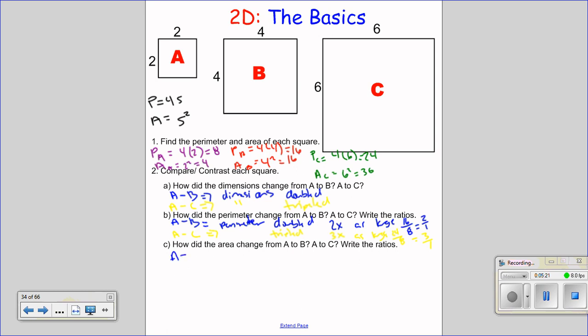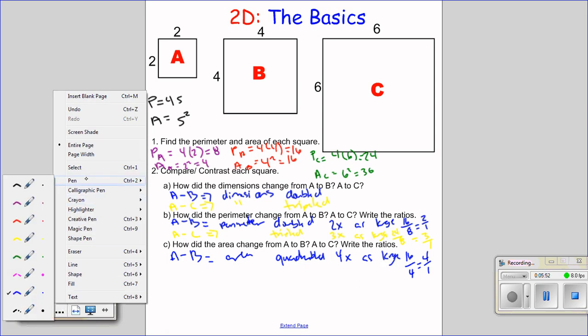So from A to B, the area quadrupled. In other words, 4 times as large. So if I were to write the ratio, it would be 16 over 4, which reduces to 4 over 1.